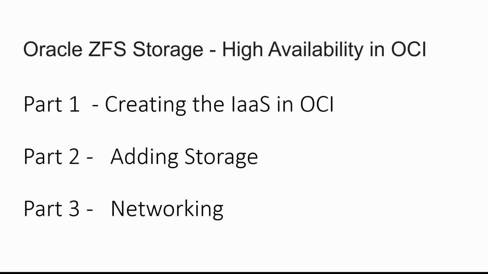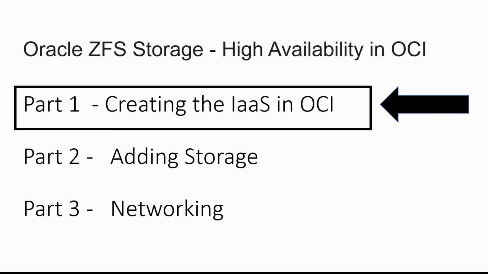I'm going to walk through the configuration and setup of the ZFS image in OCI in three parts. The first part is the part I'm going to concentrate on in this video. It's going to be creating the image itself, the infrastructure image in OCI.